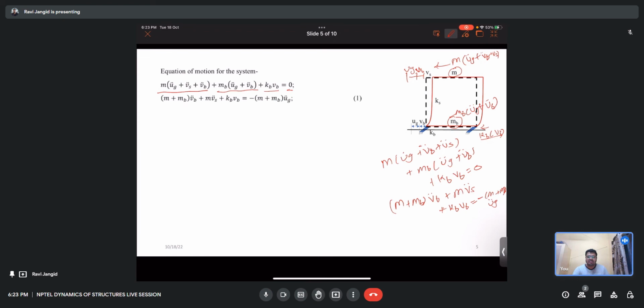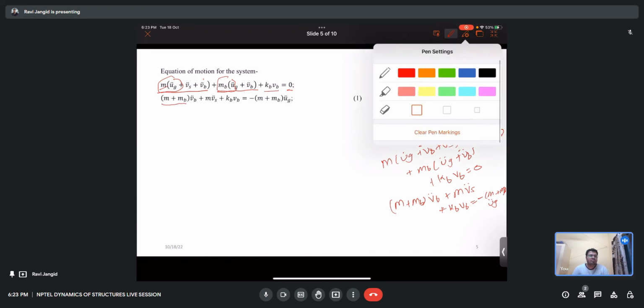Okay, so I have written the same equation. These two terms go to the opposite side with a negative sign, and the v_b terms combine with this M and this m_b. So I have taken v_b as common, so that is the correct equation.